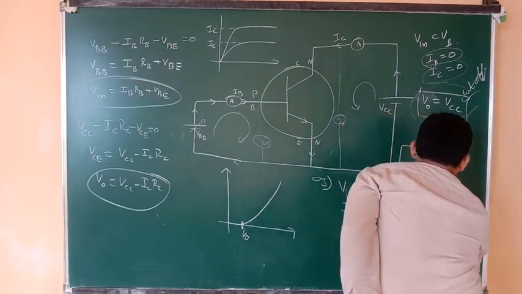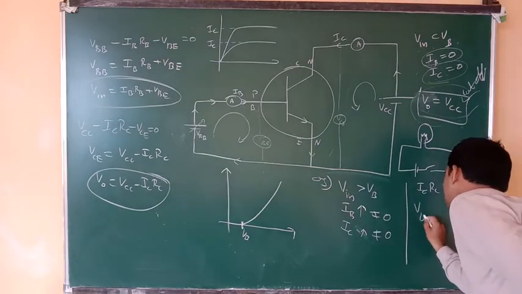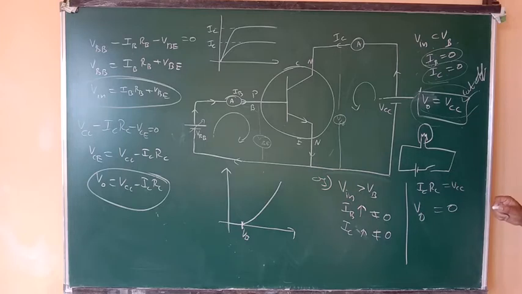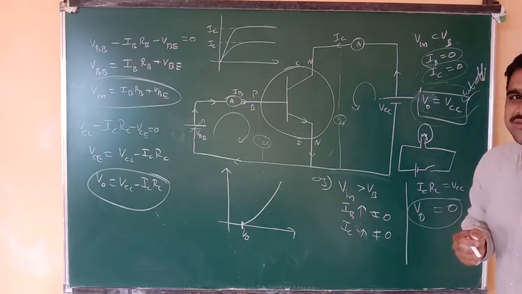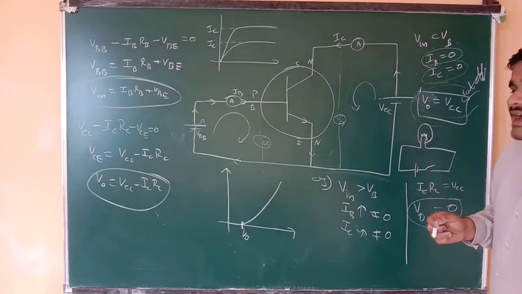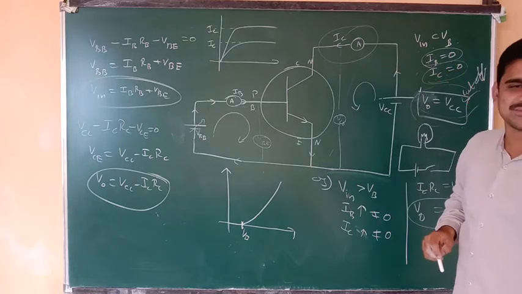IC times RC may be equal to VCC, where the output becomes 0. Understood? The output voltage becomes 0. What is the meaning of that? Total potential has been dropped at the collector itself.